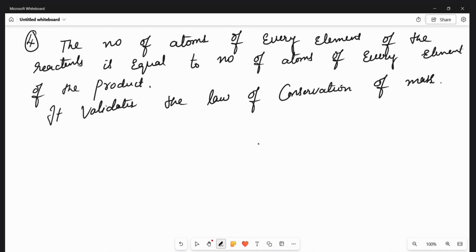Then next, translate the following statements into chemical equations and balance them.